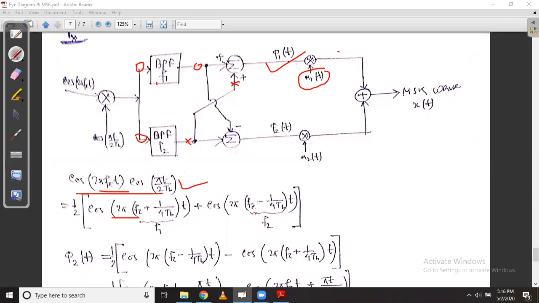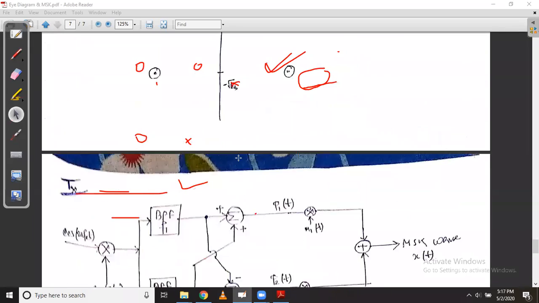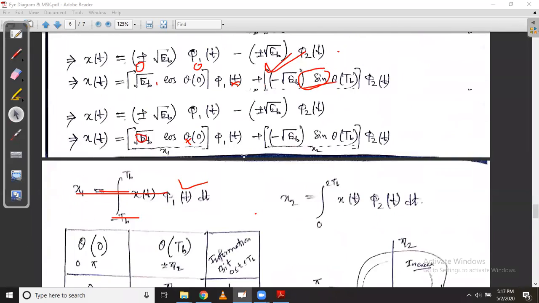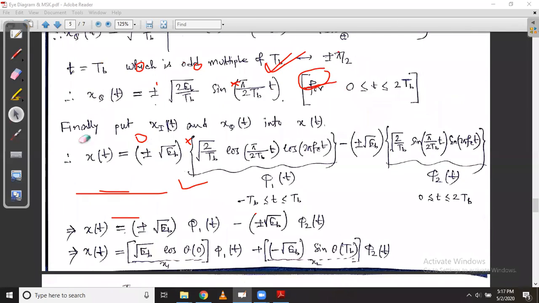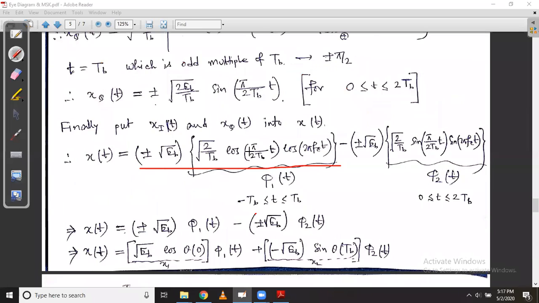That means now we have here this multiplied by m1(t), the message bits, which will give you the first part of the expression. Now see, this term is multiplied by this.